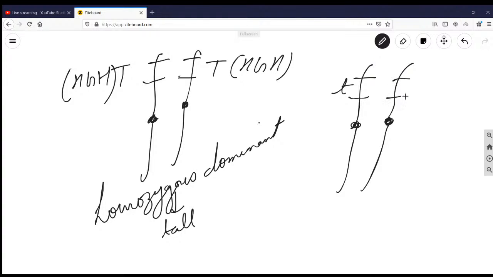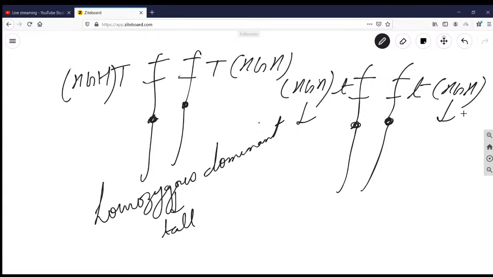Small t, small t means both the HGH genes are of low quality. Now there is no capital T, high quality HGH, to mask the effect, which means both proteins cannot bind to the receptors present on bones and muscles. So the growth will be very, very nominal, very, very less.